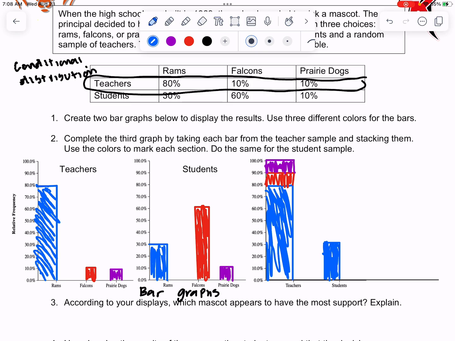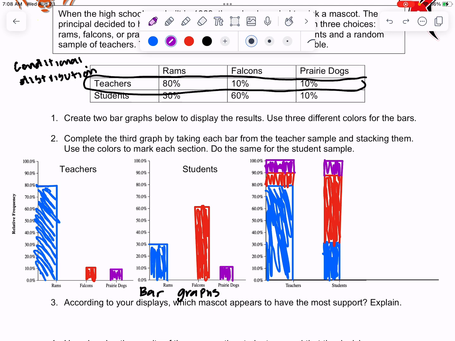We have 60% Falcons, so it'll be 30 to 90. And then we have 10% Prairie Dogs. Okay, so I made the width of this one just by drawing it a little bigger than that one. Imagine that they're the same width. They should be the same width.